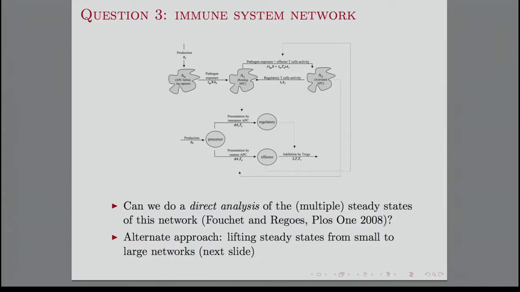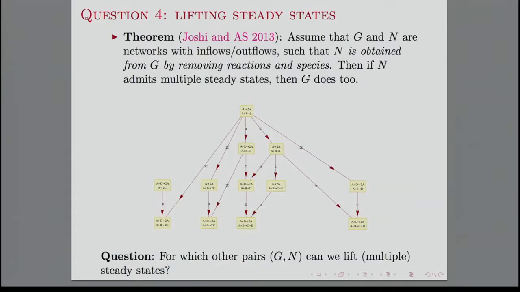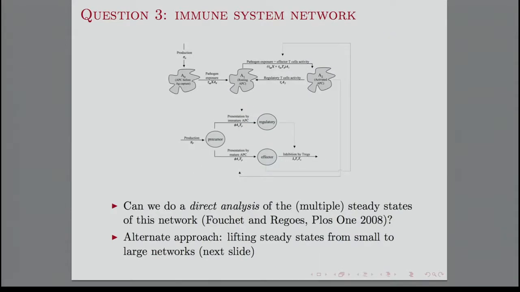Another approach, which I hinted at earlier, is to use theorems about lifting steady states from small networks to large networks, which I want to say in question 4, and Alicia will say more later this afternoon. Maybe this would help us understand this immune system model.